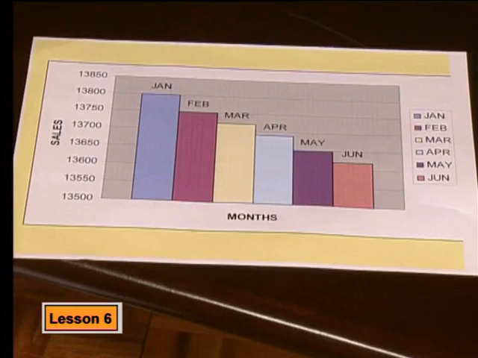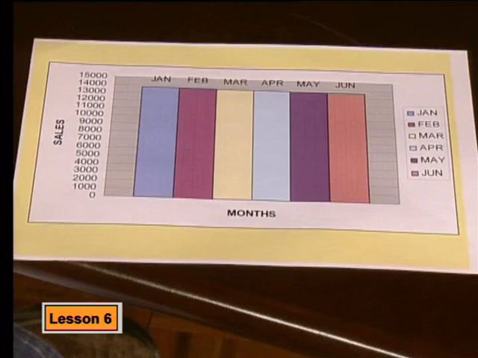The y-axis, the vertical axis, starts at 13,500. Looking at the second graph, we see that it starts at 0 and all the bars seem to be the same height. Both graphs are plotted using the same data, but both graphs paint a different picture. They look different because the scale on the y-axis is different.